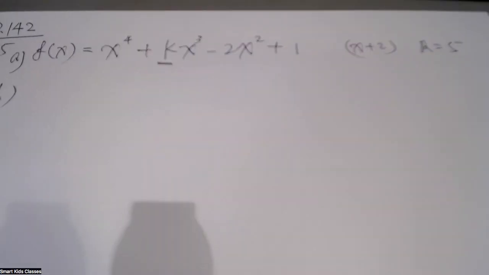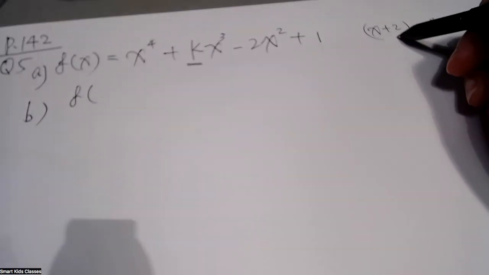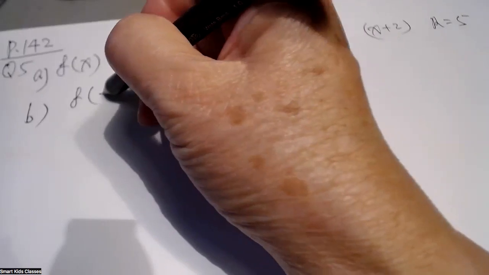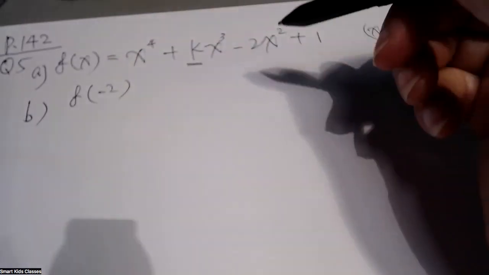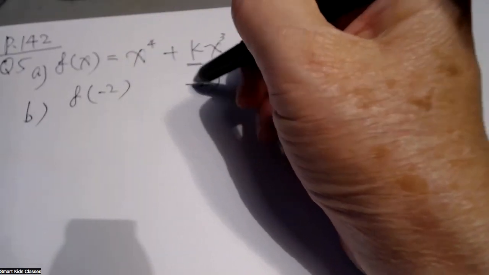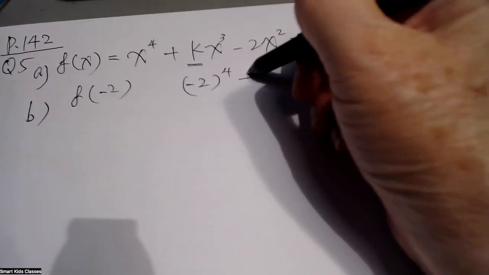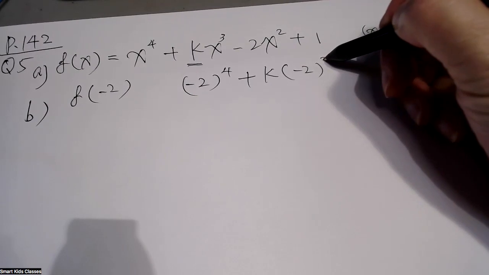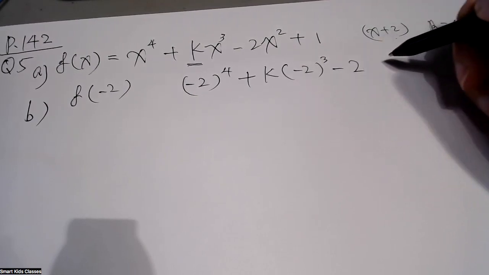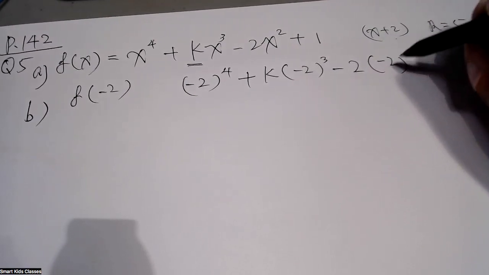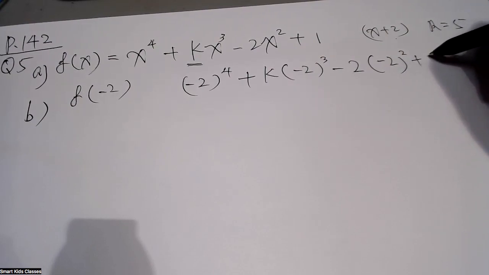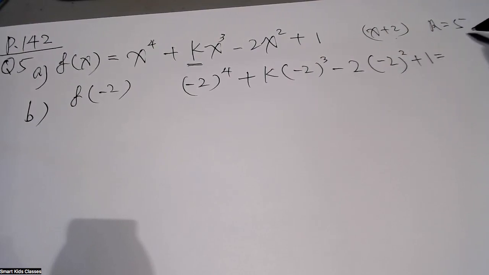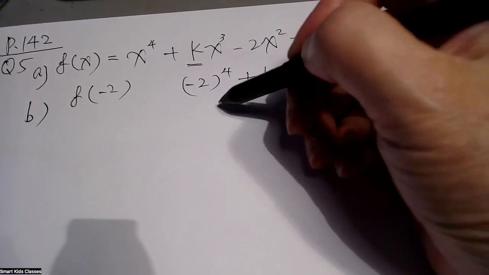Now we're going to plug in. So f of negative 2. We put here negative 2 exponent 4 plus 8k times negative 2 exponent 3 minus 2 times negative 2 exponent 2 plus 1. The remainder is 5. So now from here, we get 16.